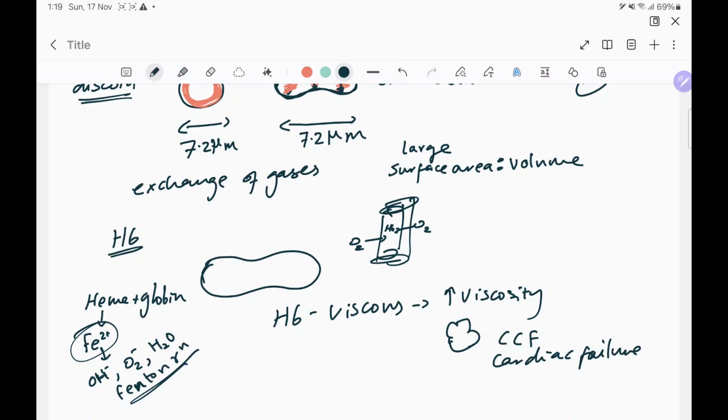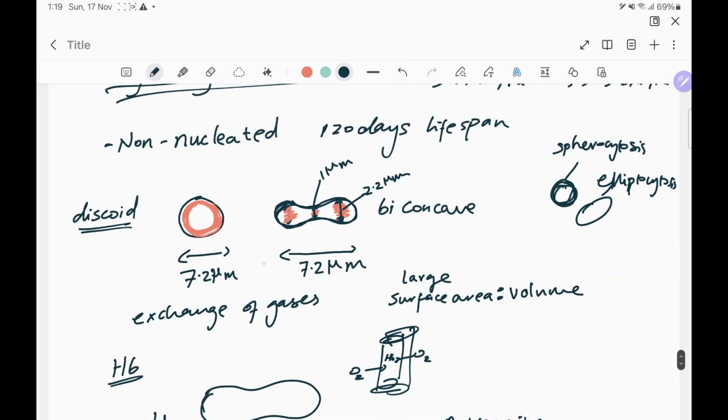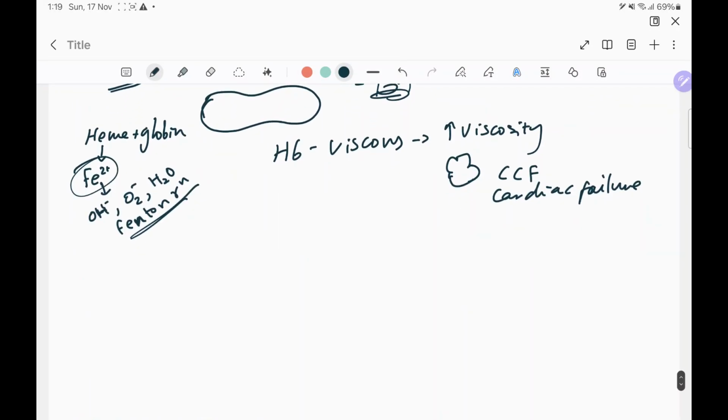So your cells have this particular shape, like I said, biconcave, discoid. This is the shape, agreed, but it is not that the cells are fixed in that shape. Your RBCs are very flexible. Consider a water balloon.